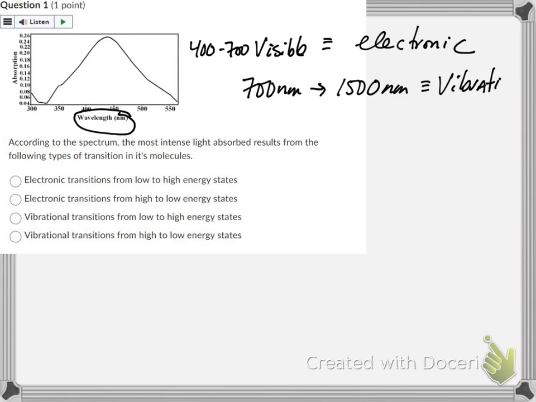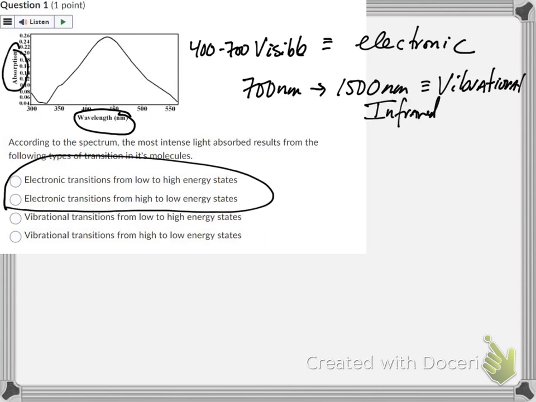If the nanometers are above 700, you're in the infrared, and that's vibration, right? So that would be the last two selections, vibrational, if the wavelength was above 700. But in this case, it's below 700, so we know we're dealing with electronic.